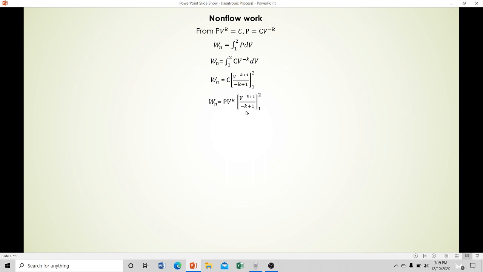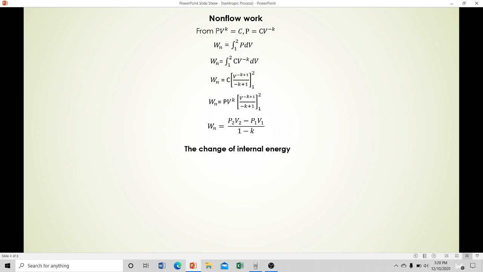From the upper minus lower limit, it becomes this equation: P2 V2 minus P1 V1 over 1 minus K.